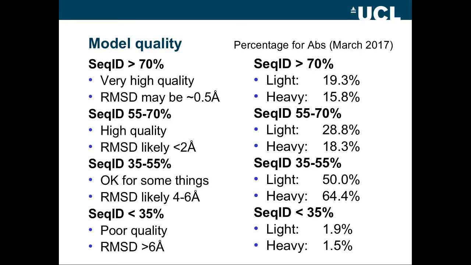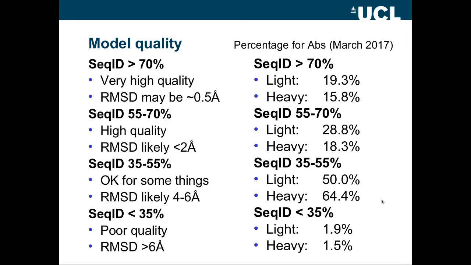So you see that surprisingly, even though the antibodies you think of as being relatively conserved, at least outside the hypervariable loops, the majority of antibodies actually only have templates that are in the range of 35 to 55% sequence identity. But we have a fair number above 70%, good number between 55 and 70%, and very, very few below 35%.